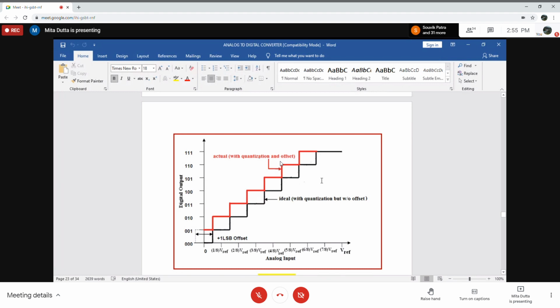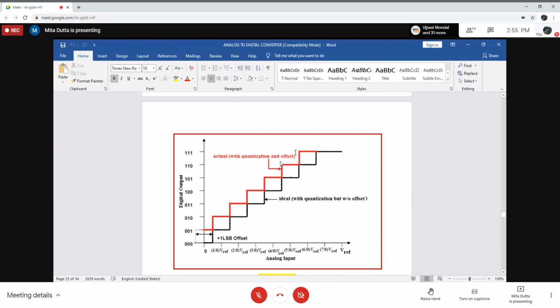But here, in case of the ADC with a positive offset error, the last transition occurs prior to reaching 7/8 VREF.